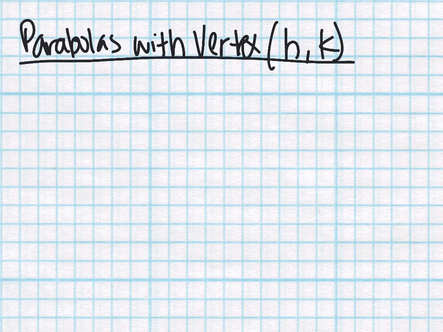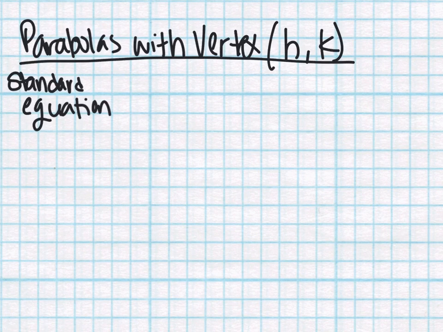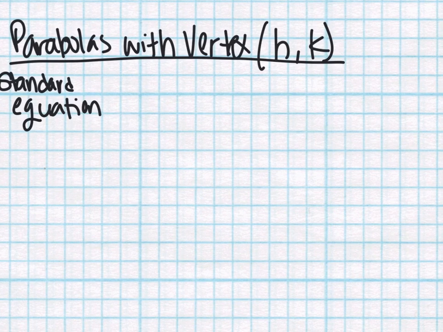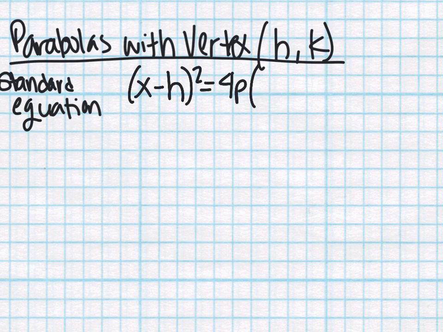So, your standard equation is going to be (x minus h) squared equals 4p times (y minus k). So this is your up or down. We're going to do all of this one first, and then we'll do each of these for the left or right. So what is the focus?